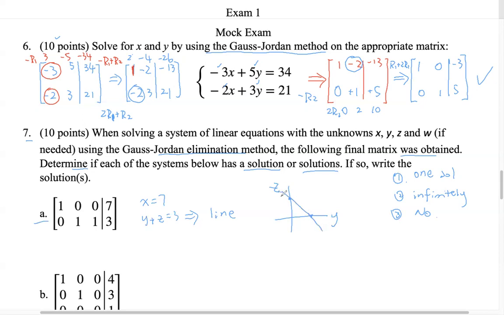And the X value, you can imagine your X axis comes towards you. Then you have that ZY plane at X equals 7. So how many solutions? Infinitely many points on this line. So this one, A, has infinitely many solutions because the solution is a line.